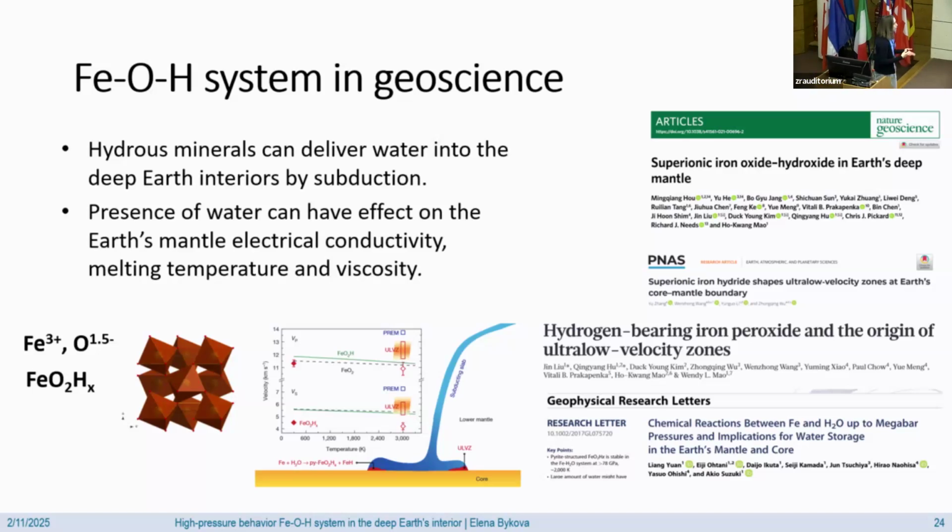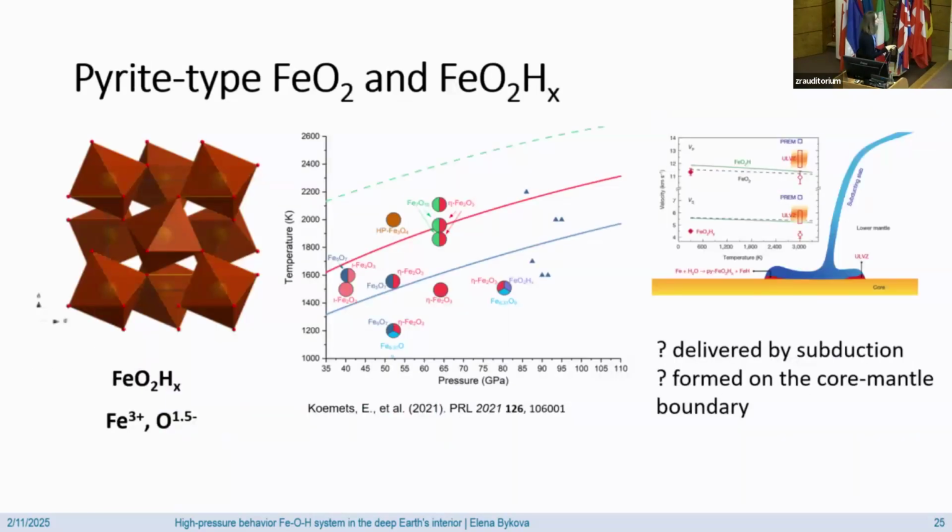But the question is, what possible water carriers can be inside the Earth? Quite a lot of research was sparked by the synthesis of the so-called pyrite-structured iron oxide. This compound, if it's anhydrous, has the crystal structure of pyrite, FeS2. It's composed of FeO6 octahedrons connected through common edges.